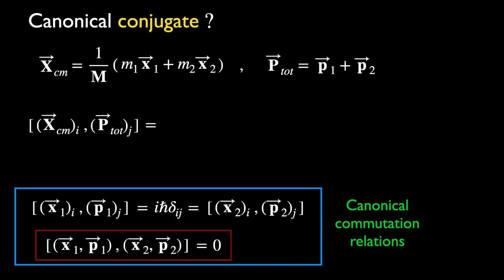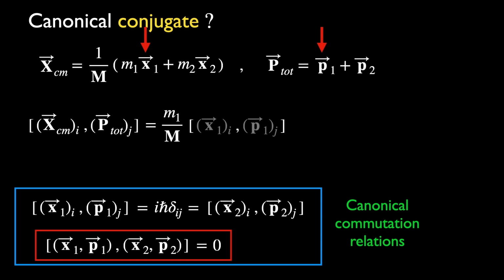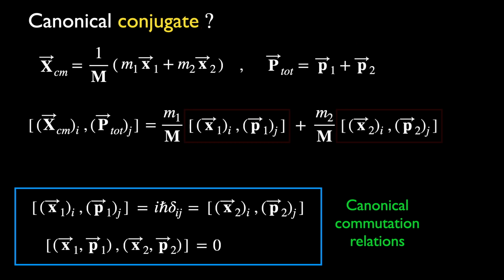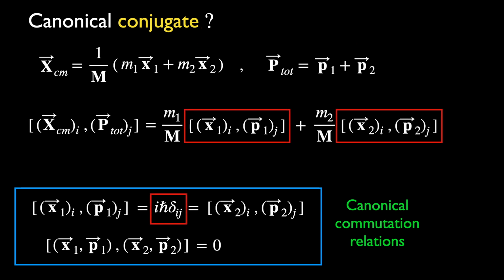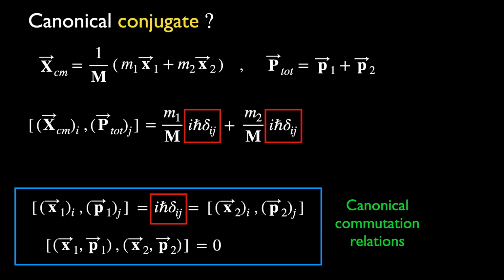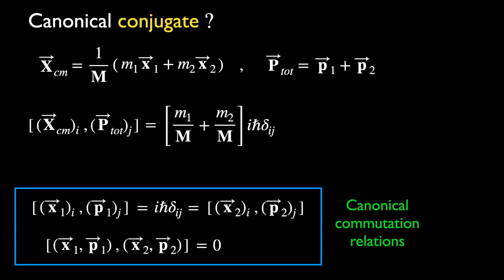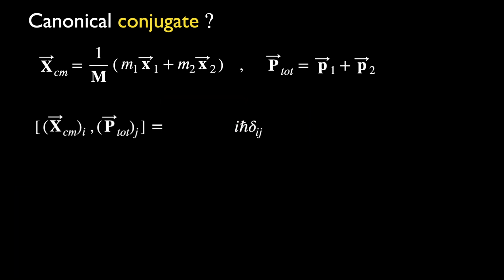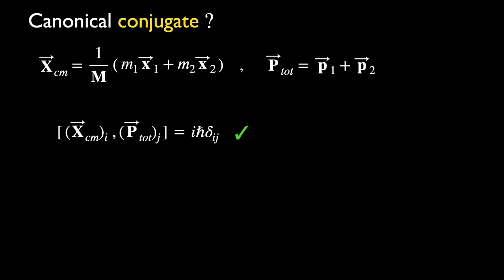Since the commutators between the variables of different particles are zero, we need to consider only the pairs corresponding to the same particle. Thus, the total momentum really is the variable conjugate to the center of mass position.